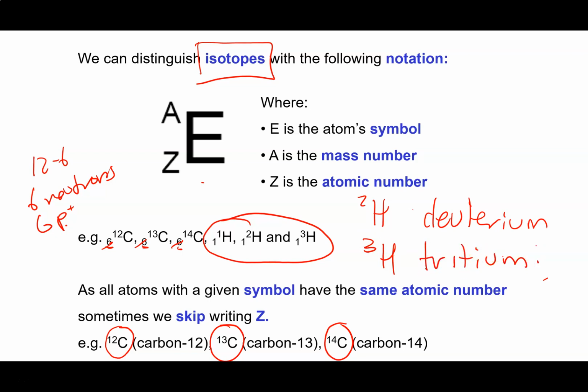You might see that as you're reading around. You've probably heard of heavy water. Heavy water is water where every hydrogen atom is deuterium, and so it's heavier than regular water because the hydrogen atoms are literally twice as heavy.